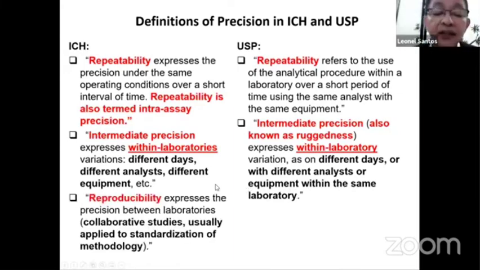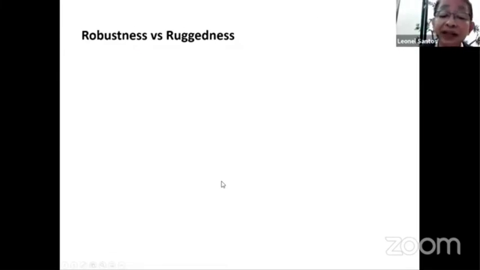And then the one that is not typically done would be the reproducibility, which is what is termed interlaboratory. This would be, for example, analysis from one laboratory, say at the FDA, another analysis done in an academic lab, and then the third one would be something from an industry. So those are three different labs.